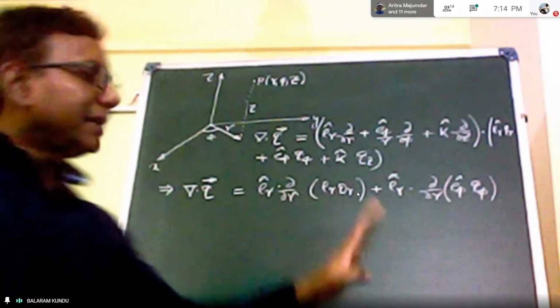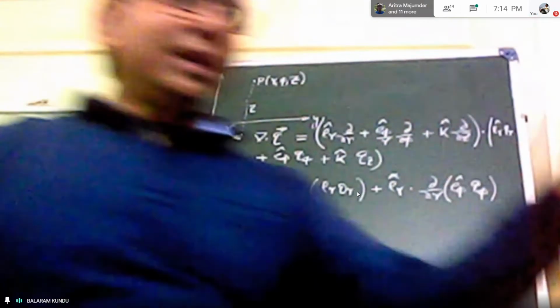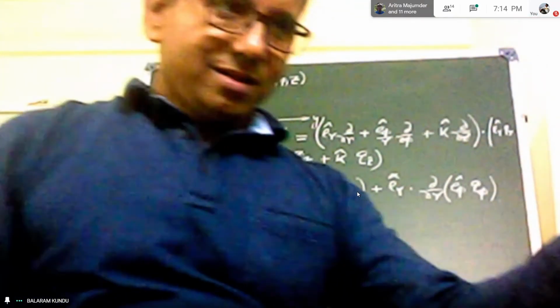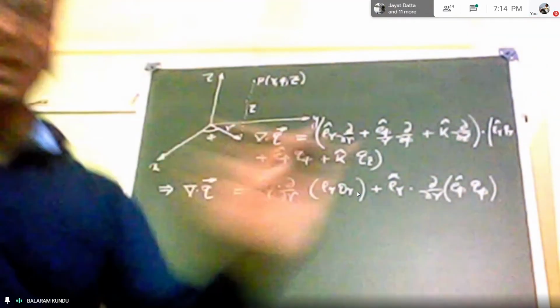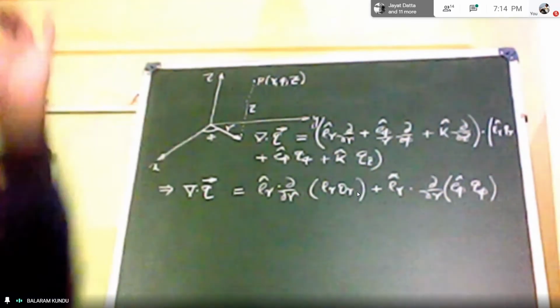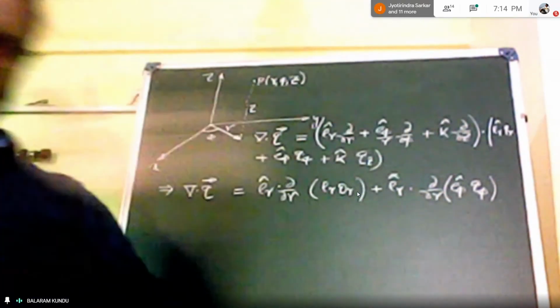Actually, we know that e_r dot e_r equals 1, and e_r dot e_phi equals 0, e_r dot k equals 0. So we know these things.